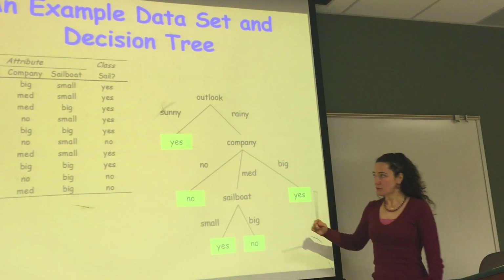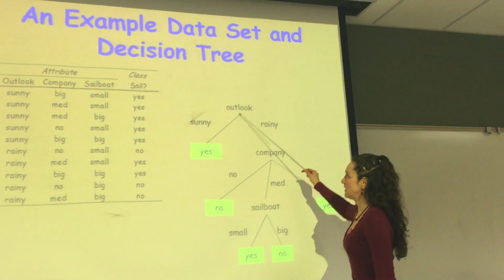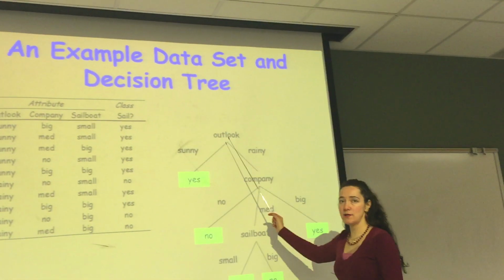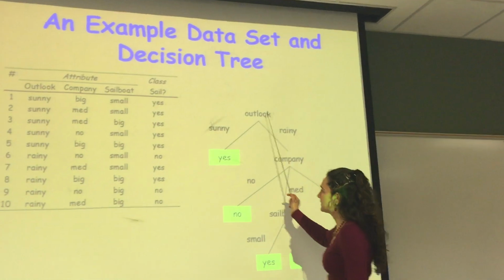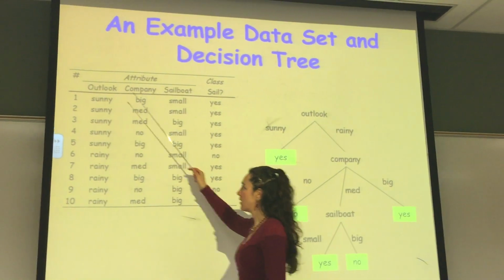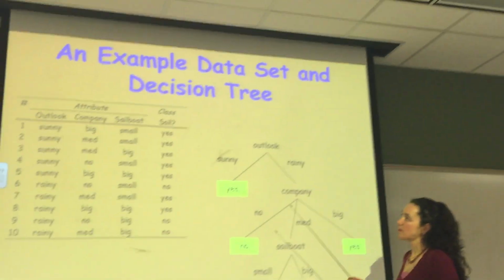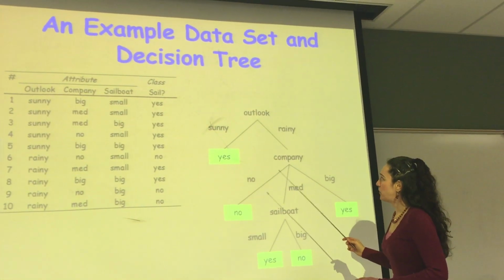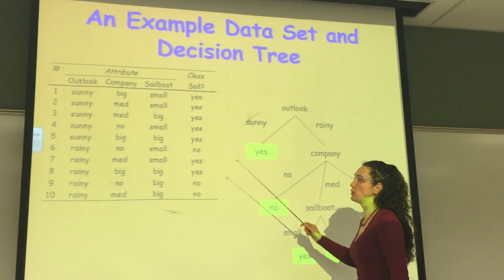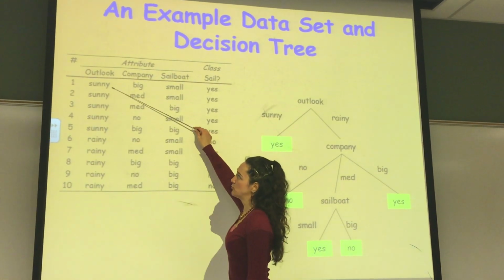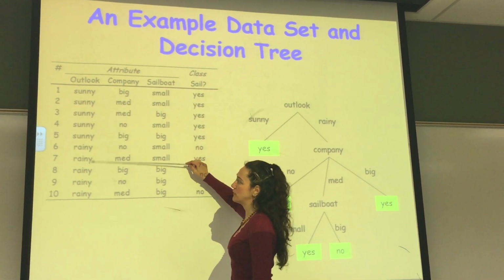So what happens with the tree is we will take one of the attributes, in this case the outlook attribute, and we will split the data into several parts. We will split it into as many parts as we have values for this attribute.